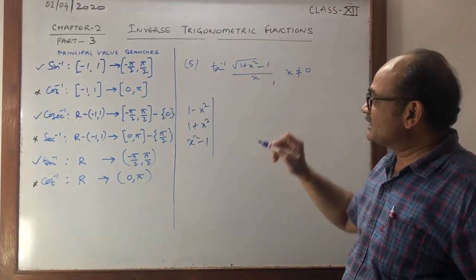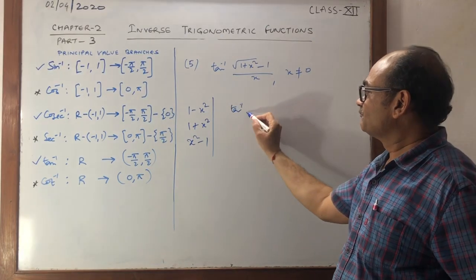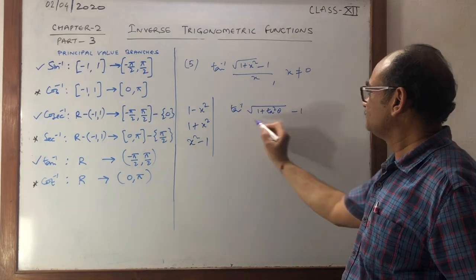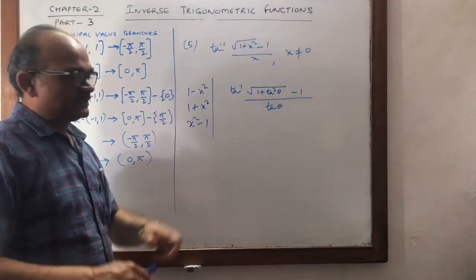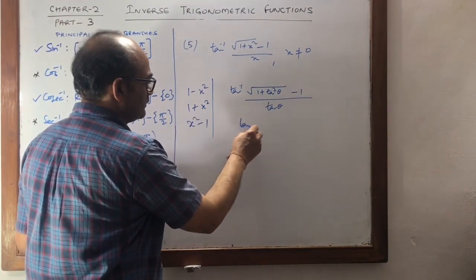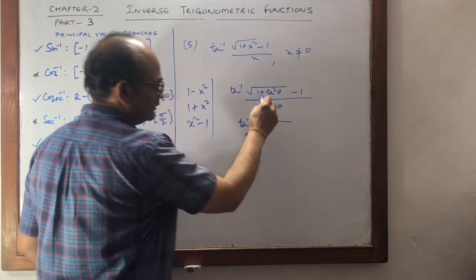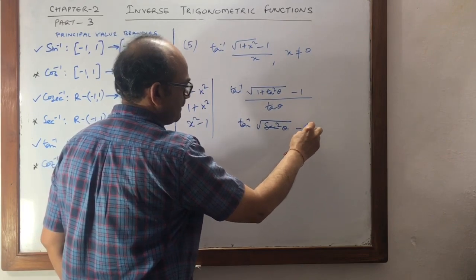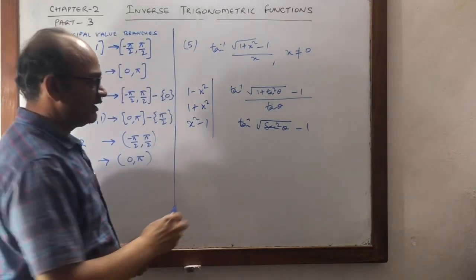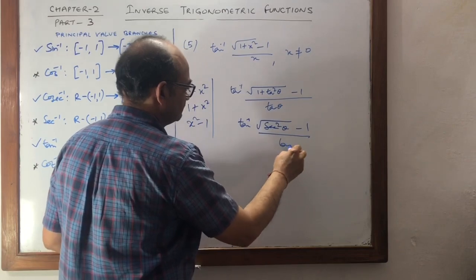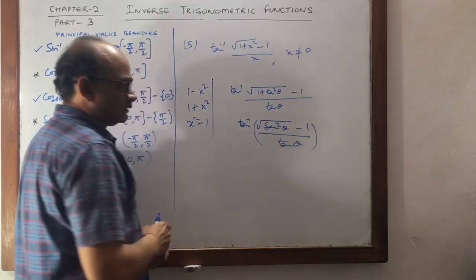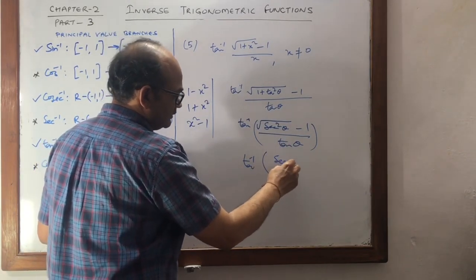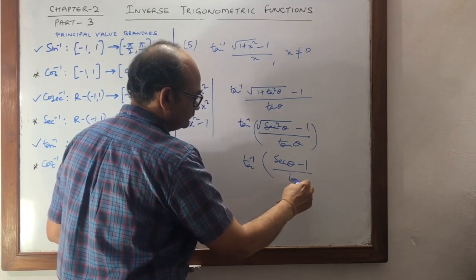So here it is 1 plus x square. We put x equals tan theta, and 1 plus tan square theta is nothing but sec square theta, divided by, under root of sec square, only sec theta, here tan theta.